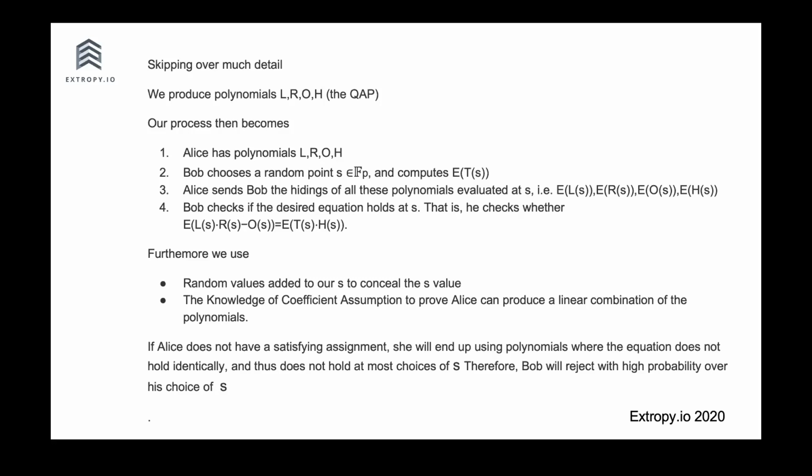And then there's the zero knowledge part, and the part that prevents cheating is that we can add random values to these points. So S here is our point, and we can add small values to this to conceal the points that we are actually performing the computation on. There is also an underlying thing called the knowledge of coefficient assumption, which is used as a cryptographic assumption, but this allows us to prove the equality of our combination of polynomials as well.